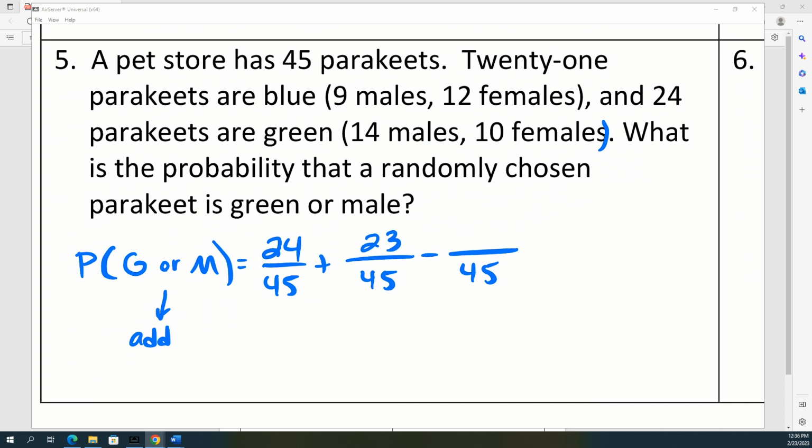And then you subtract the ones that are green and male, which is 14. Okay. And then you just type all that in your calculator. And it should give you 11/15. Okay. Any questions on that? You're going to see one like it tomorrow.